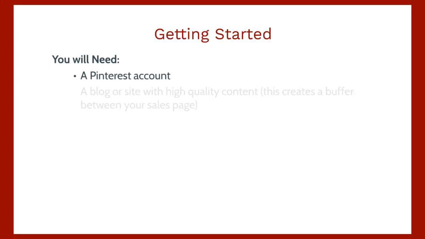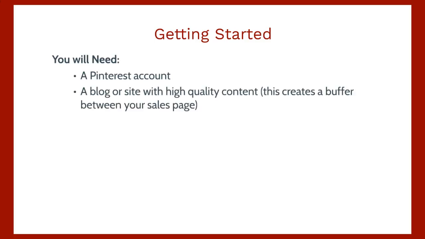All right? So now let's talk about the things you will need to get started. So tools that you're going to need, what you're going to need to have in order to implement what's inside this video course. Obviously you're going to need a Pinterest account. You'll need a blog or a site with high quality content.